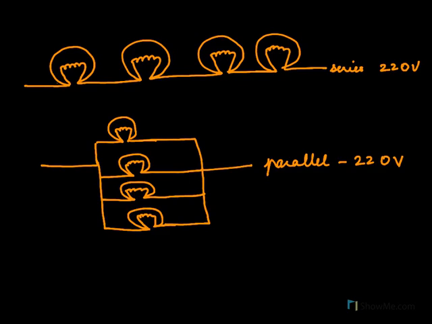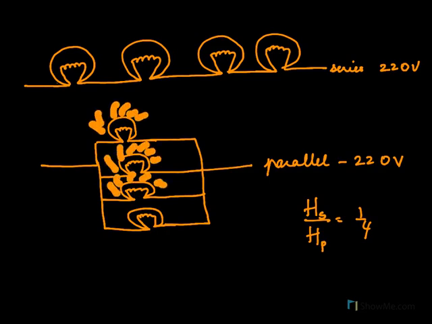You will notice we have already seen that the heat produced, or the power, in series over parallel is 1/4, which means when they are in parallel they will glow with much more, 4 times more. However, when they are in series, they will glow less.